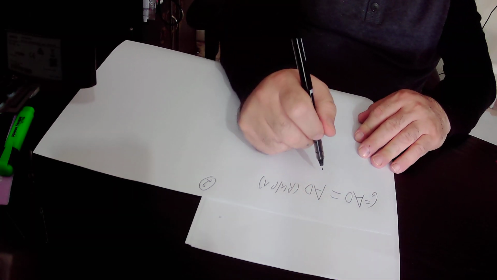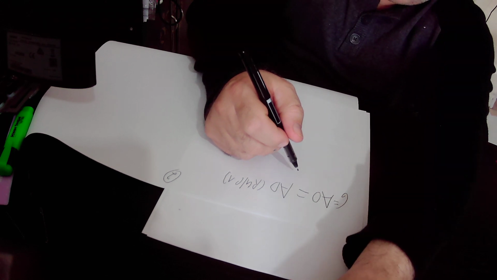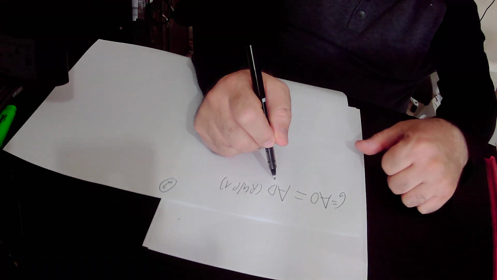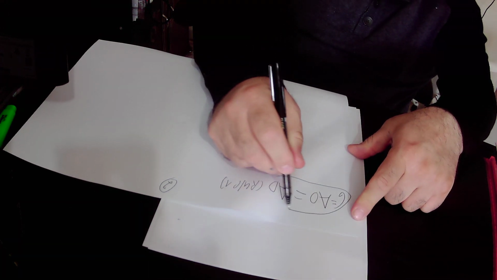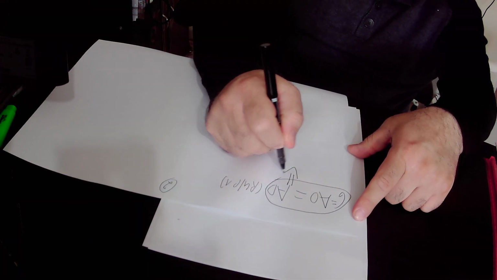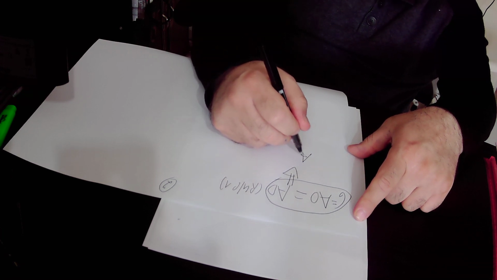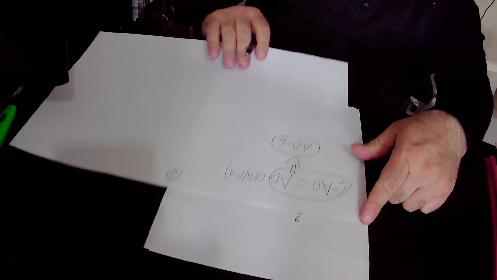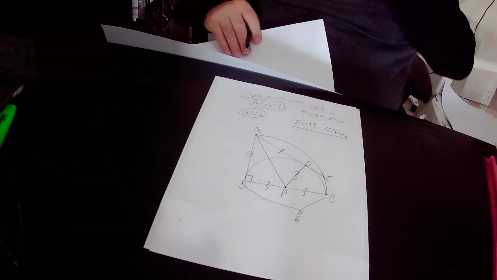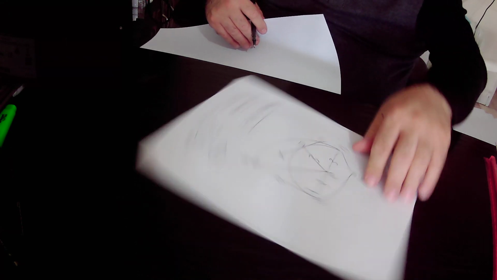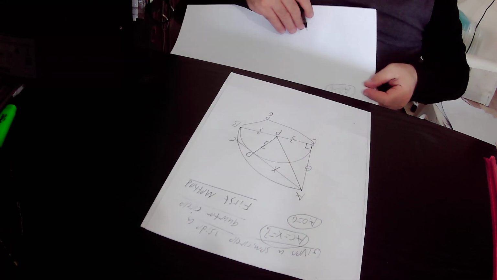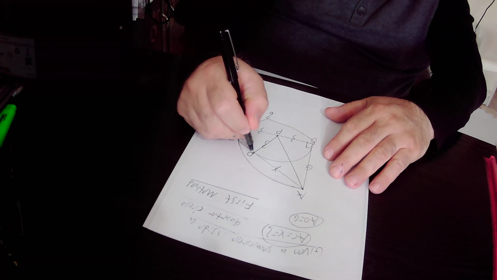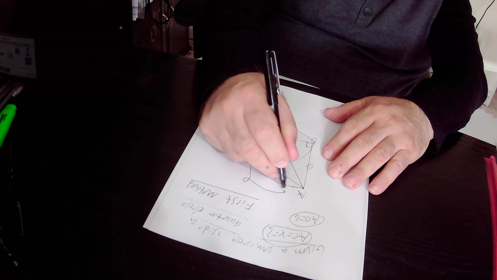And from this equation, 6 equals AO equals AD, we will derive that AD is also equal to 6 units. Okay, here AD equals 6 units.